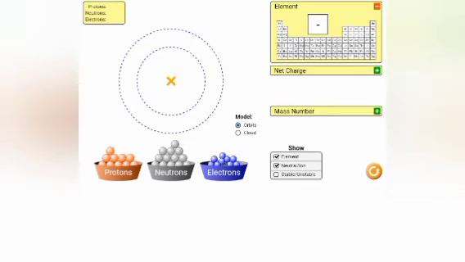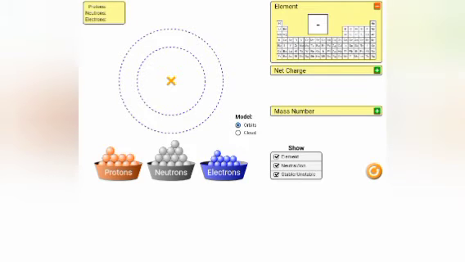Then we have the electrons, the ones in the blue balls. We also have our periodic table of elements. Then we are going to do some simulations according to the element. And then we're going to look at the number of protons, the number of neutrons, and the number of electrons that each element needs to be stable.